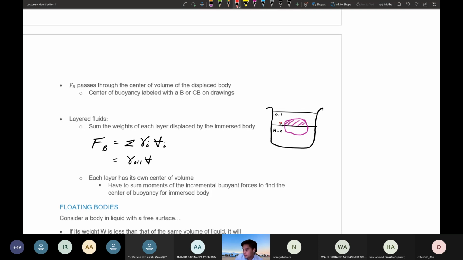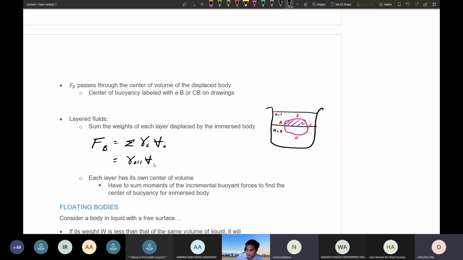For example, this is A, B, C, D. Multiply with the volume. For example, gamma of oil multiplied by the volume displaced. What's the volume?